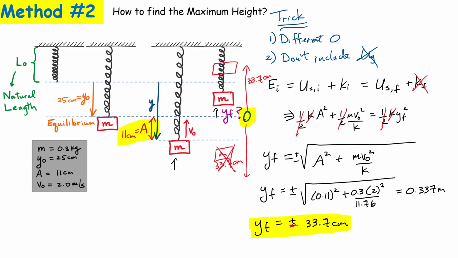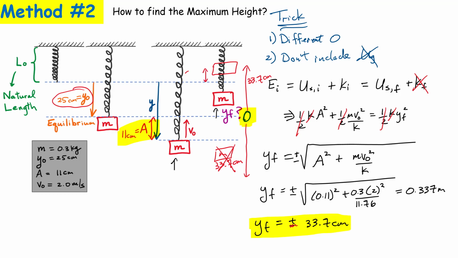So this is what it is. Now we're measuring it with respect to the 0. Notice it's the exact same position because we still have y0, which is 25 centimeters. So once you find this position relative to this new reference point, you could then go back and say, well, with respect to the first reference point, it would simply be 8.7 centimeters above that point, right?